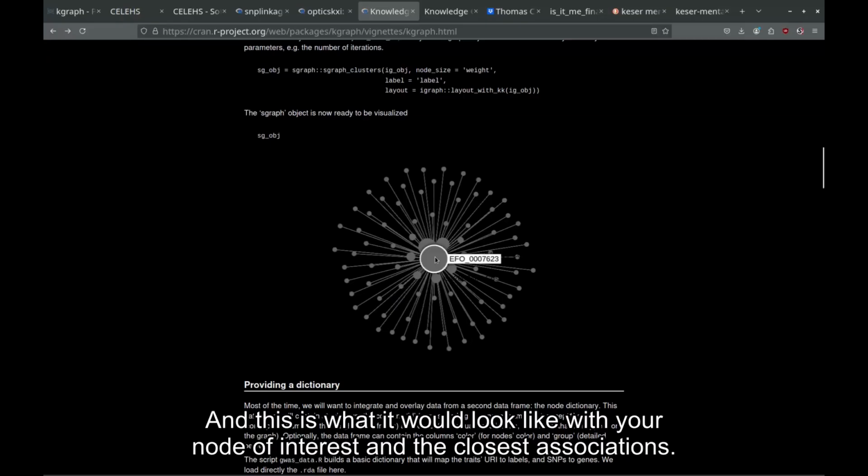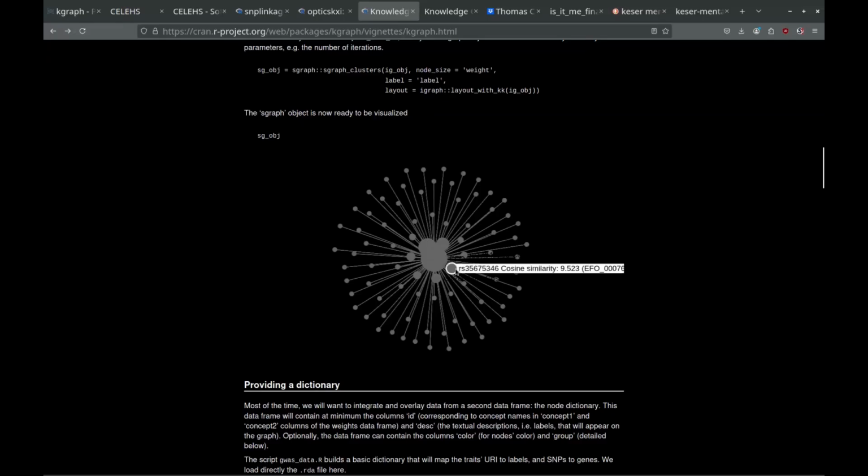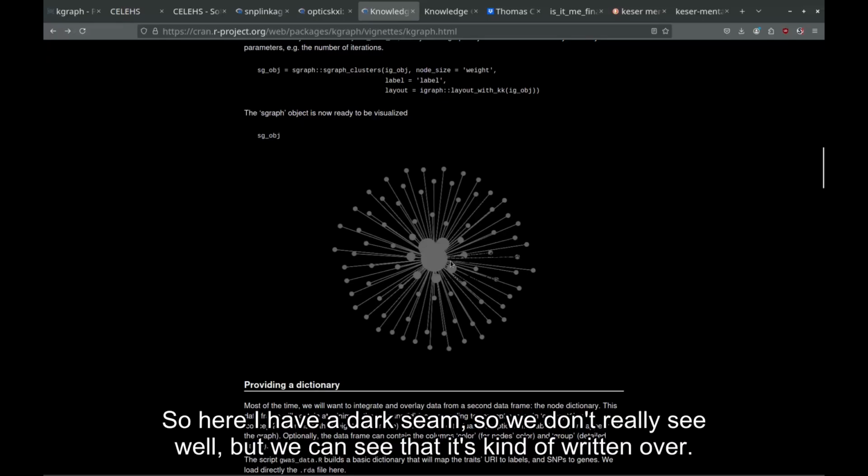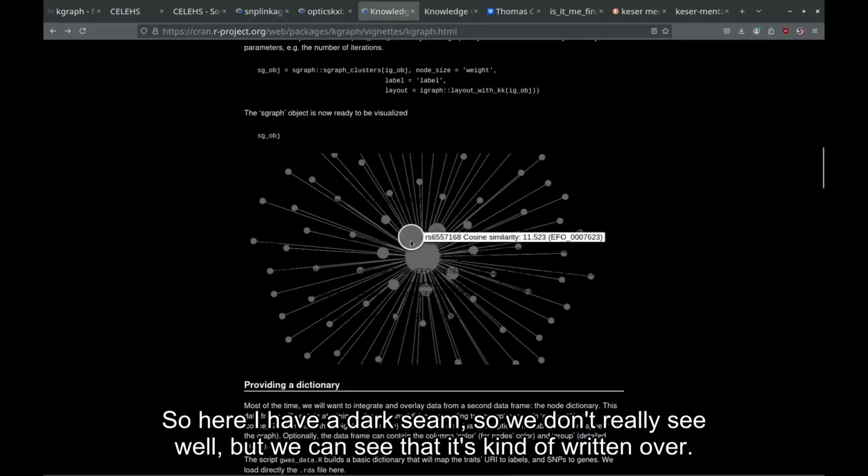And this is what it would look like with your node of interest and the closest associations. So here I have a dark theme, so we don't really see well, but we can see that it's kind of written over.